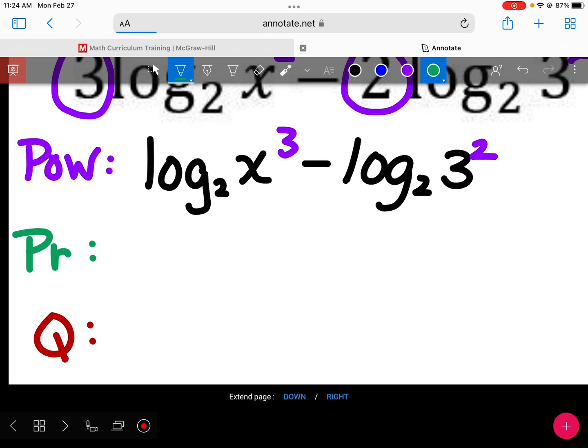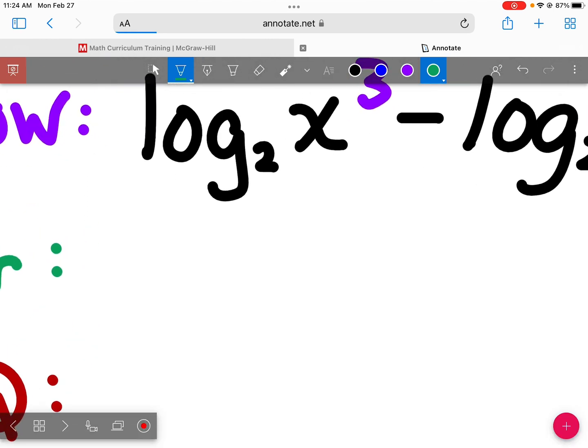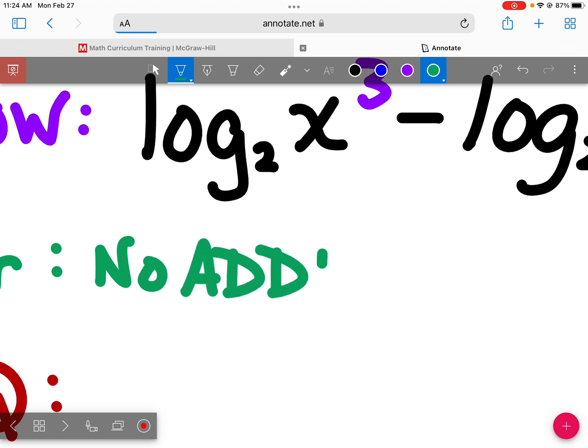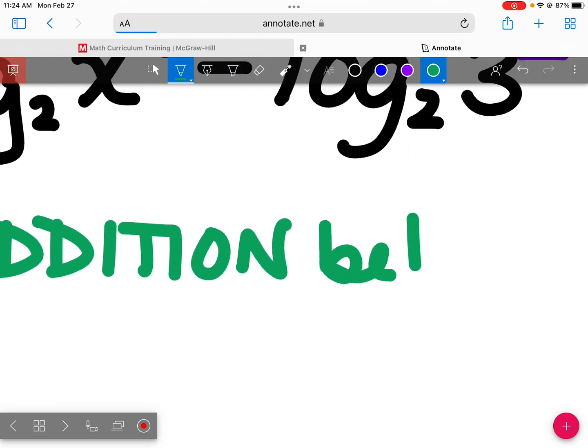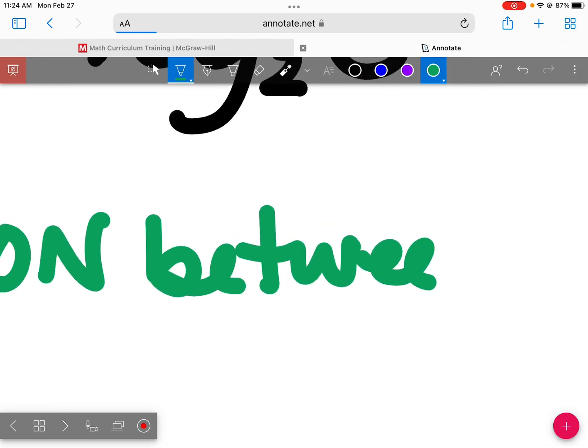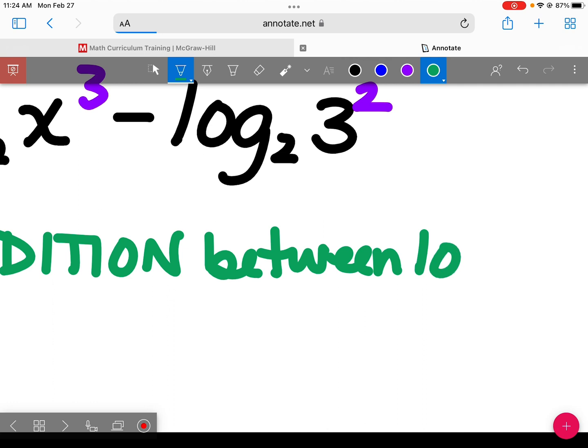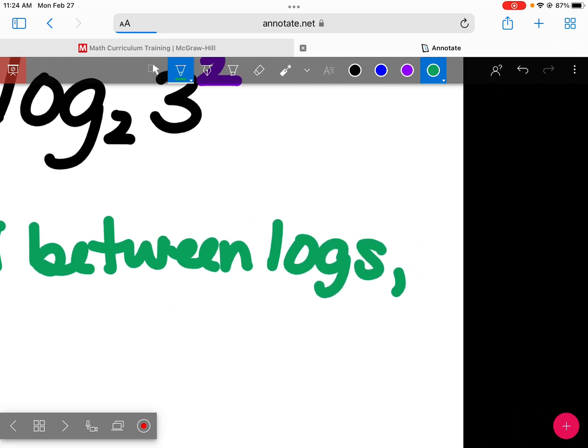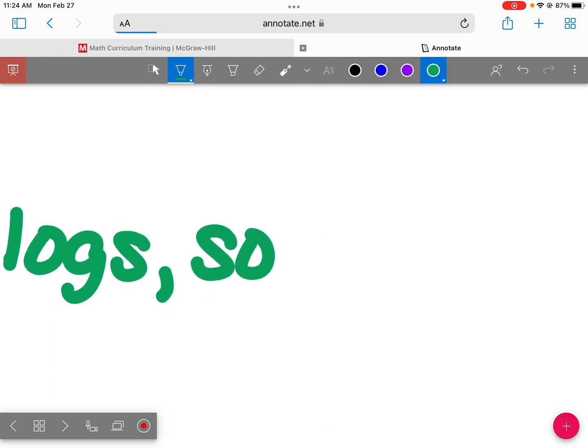Do I have addition in between my logs here? No. So I'm going to skip the product property because there's no plus signs. No addition between logs. So we're going to skip this.